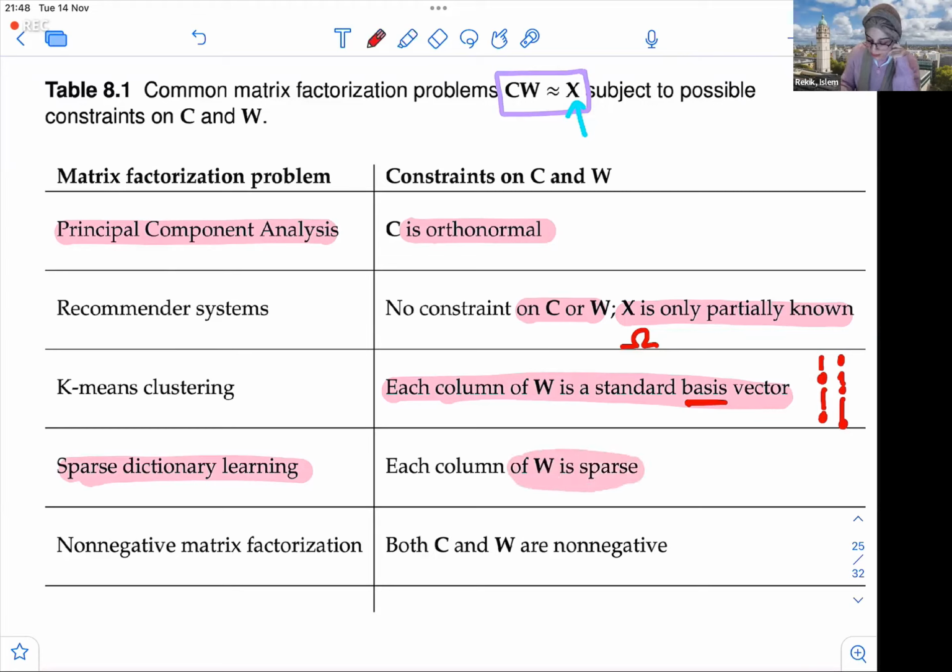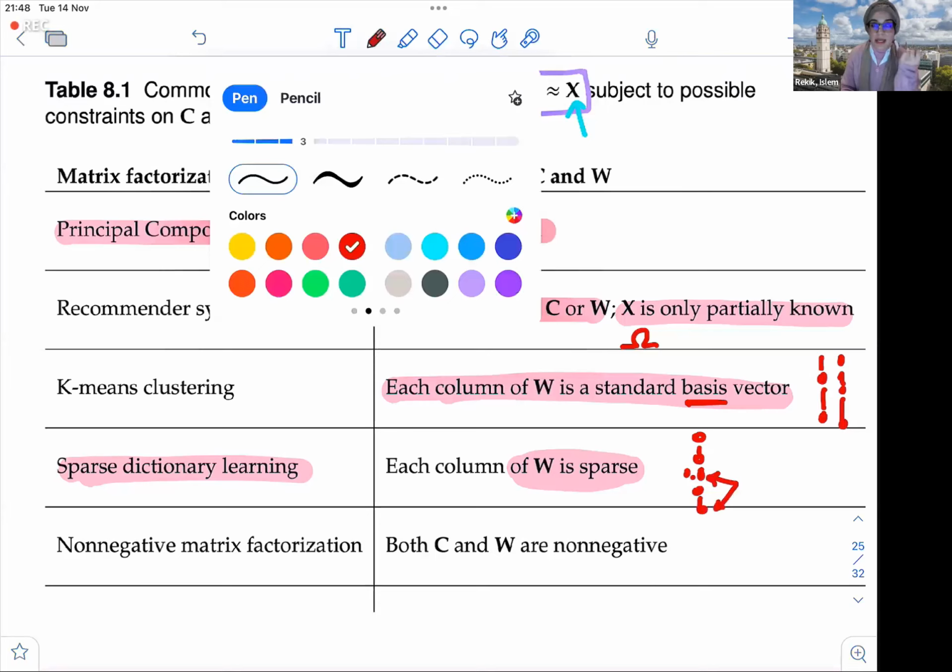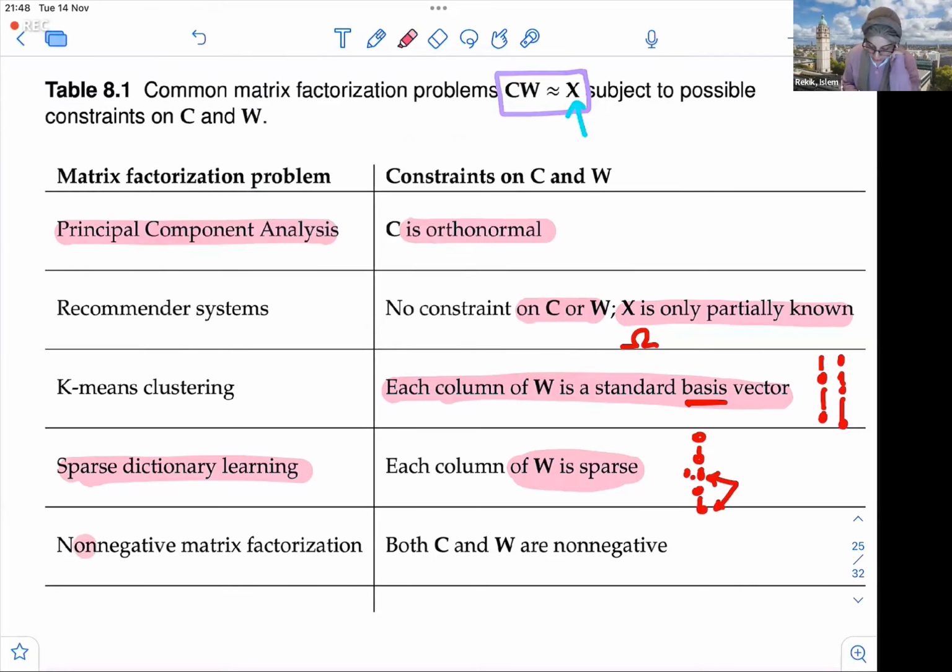A lot of values are 0 and a few are non-zero, and these non-zero values allow the data point x_i to belong to different clusters. And then for non-negative matrix factorization, the constraint is that both C and W should be non-negative.